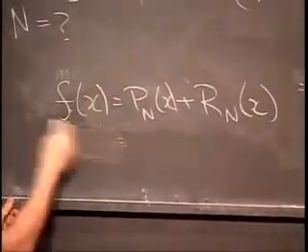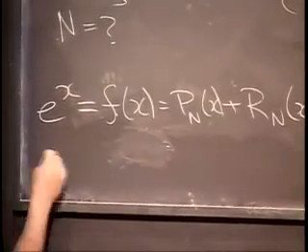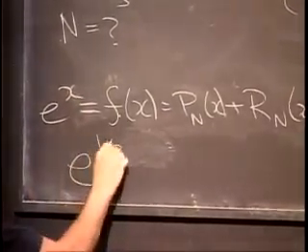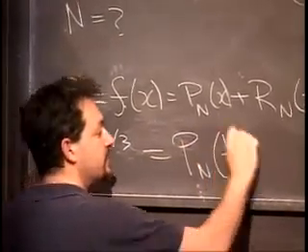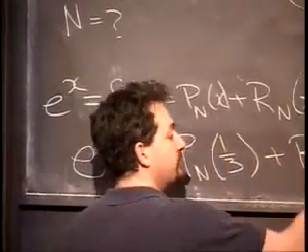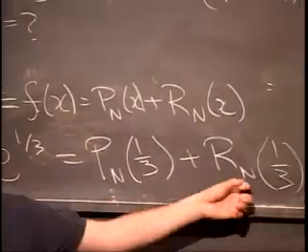So maybe I'll write this like this. And then we're going to put x equals 1/3. And we're going to get e to the 1/3 is Pn of 1/3 plus Rn of 1/3. This is the approximation, and this is the error.